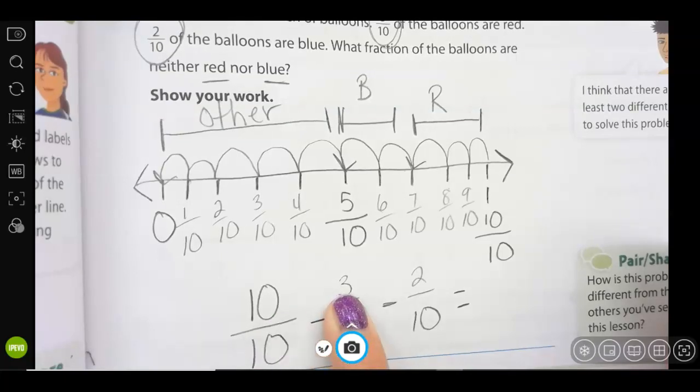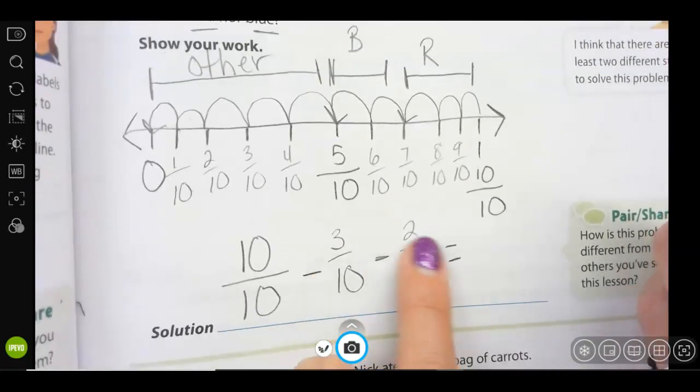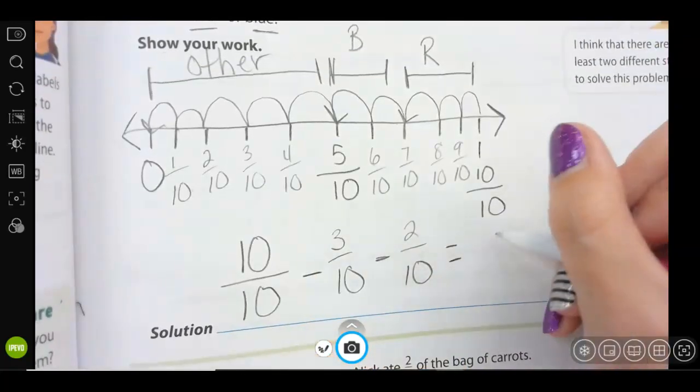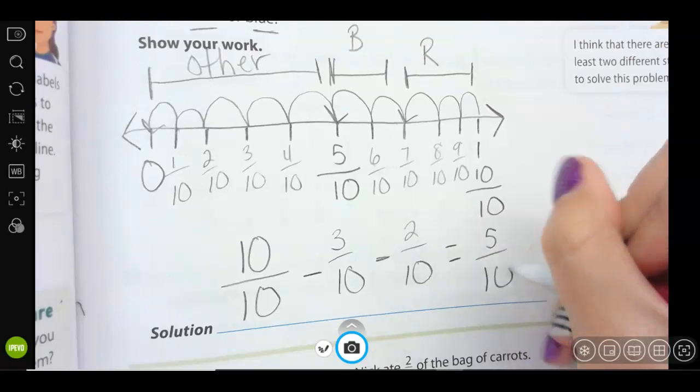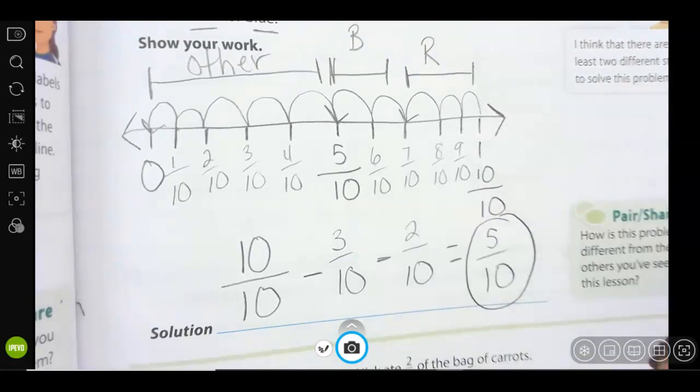Ten minus 3 is 7. 7 minus 2 is 5. So we have 5/10 left.